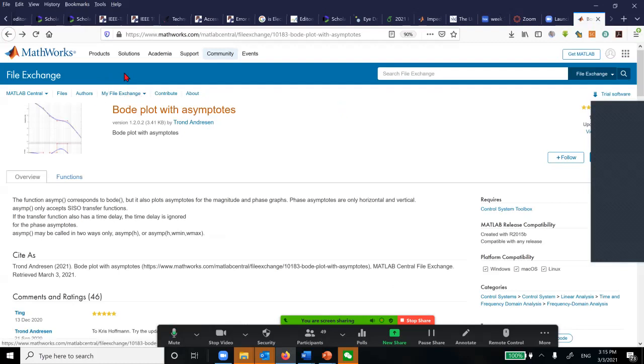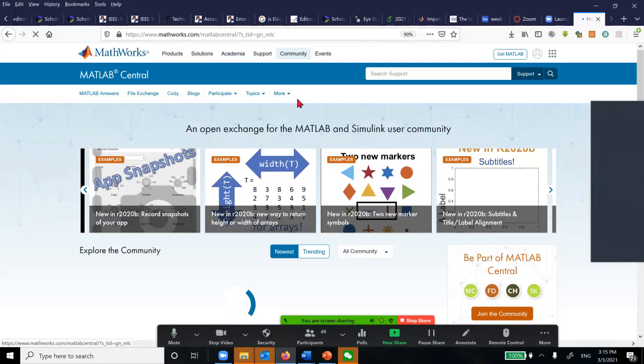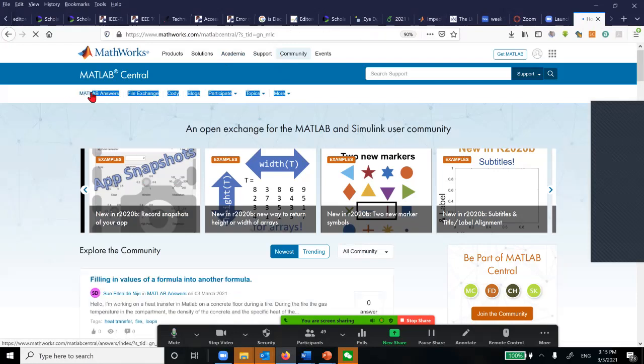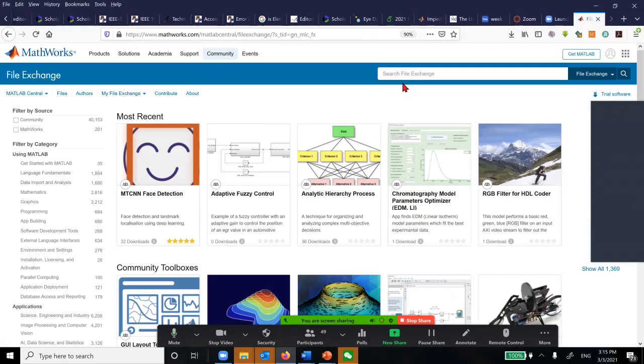On the MathWorks site, at the top you can click Community. You'll see there are a lot of things about the community. One of them, which I check very often, is called File Exchange. When you do something, you'll most likely be able to find it.